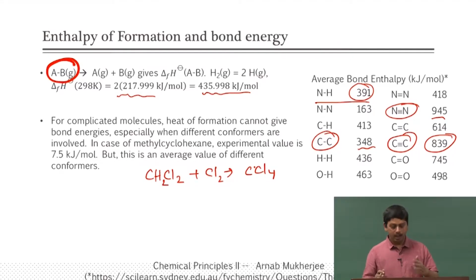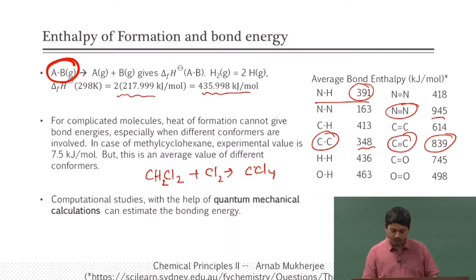Similarly, sometimes more than one conformation is possible. For example, methyl cyclohexane can be there in both axial and equatorial positions. In that case they will have different heats of formation, and we are only going to get an average value. Therefore the quantum calculations are helpful, which can give you these bond energies from ab initio methods. We have studied the energy of the hydrogen atom.